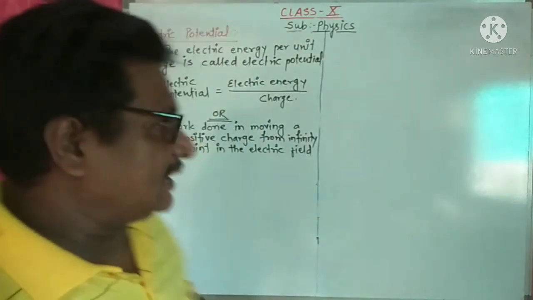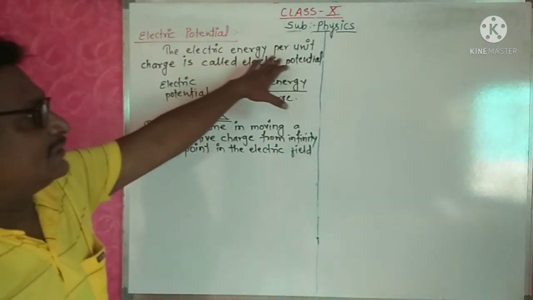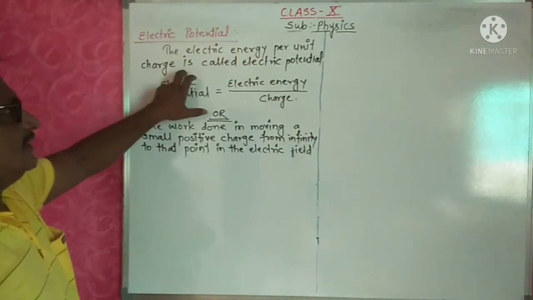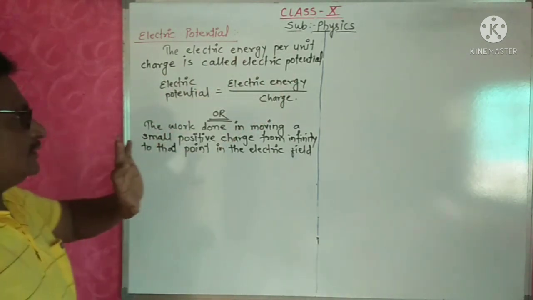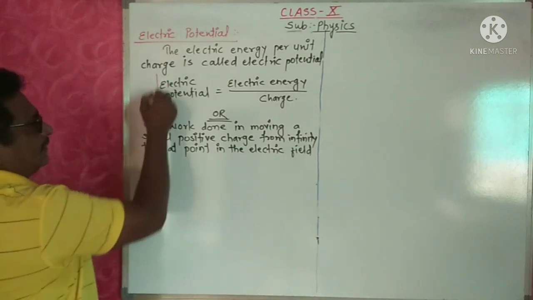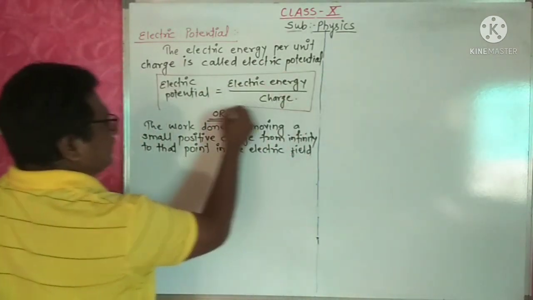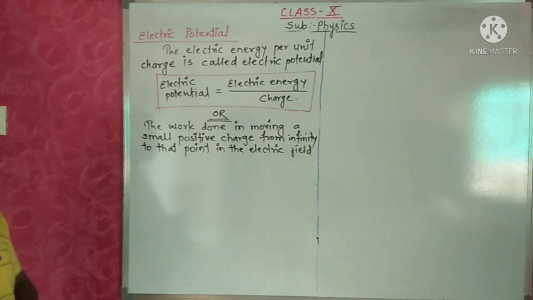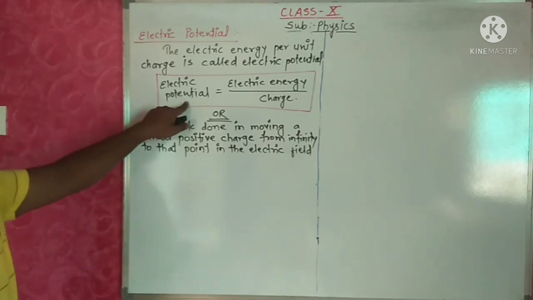So what is the scientific definition? The electric energy per unit charge is called electric potential. And what is the formula for that? Electric potential equals electric energy per charge. This is the formula for electric potential.